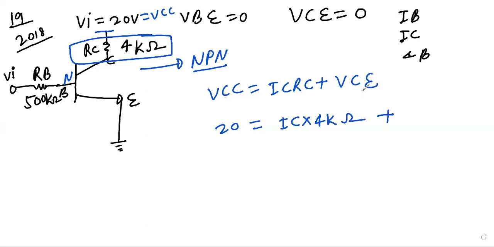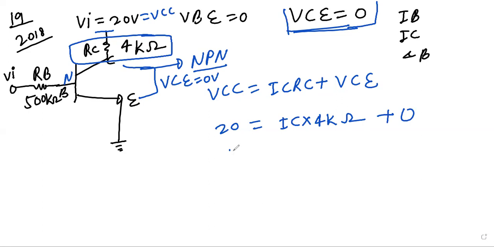VCE is given as 0, right? So put 0 here. The voltage across this collector-emitter is 0 volt.